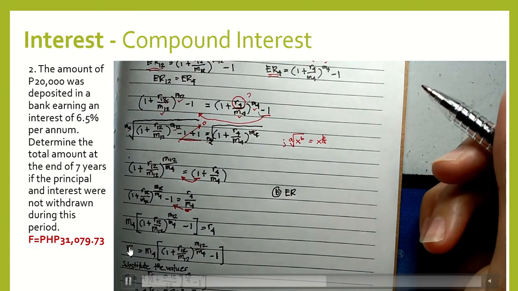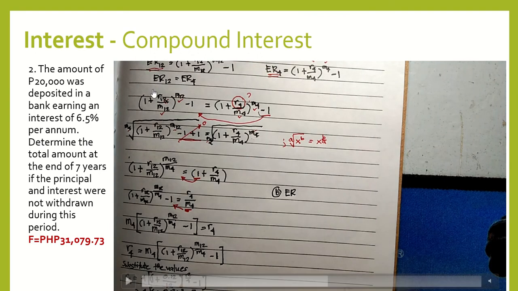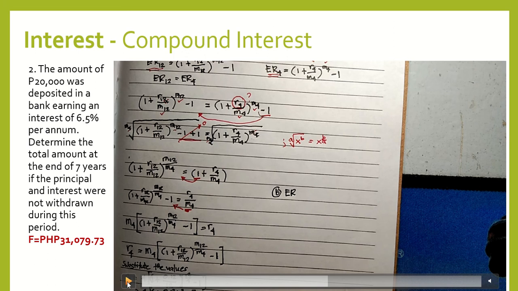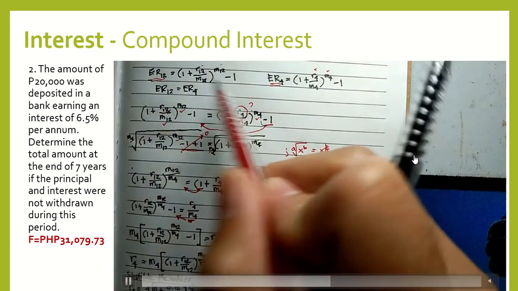Again, take note that ER sub 12 and ER sub 4 are equal. Based on the definition, ER is the exact rate of interest, or the effective rate of interest in a single year. When you convert all of the compoundings in 1 year, you will get the ER. So recall the formula.